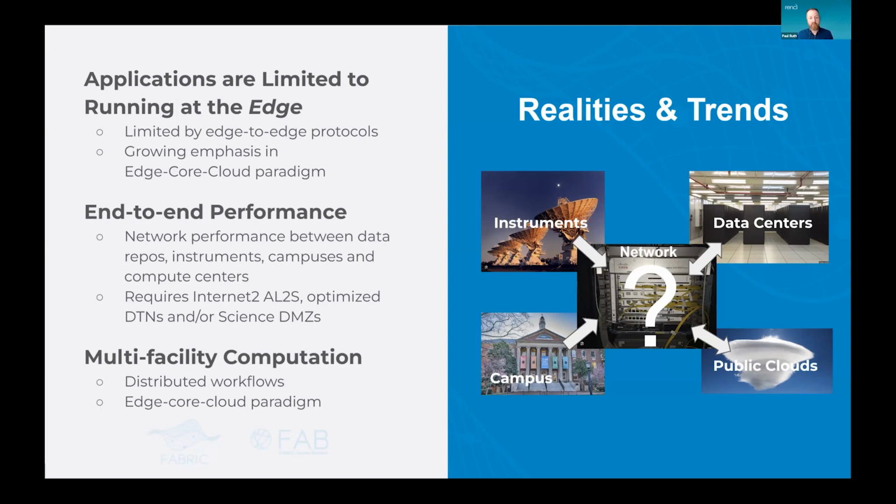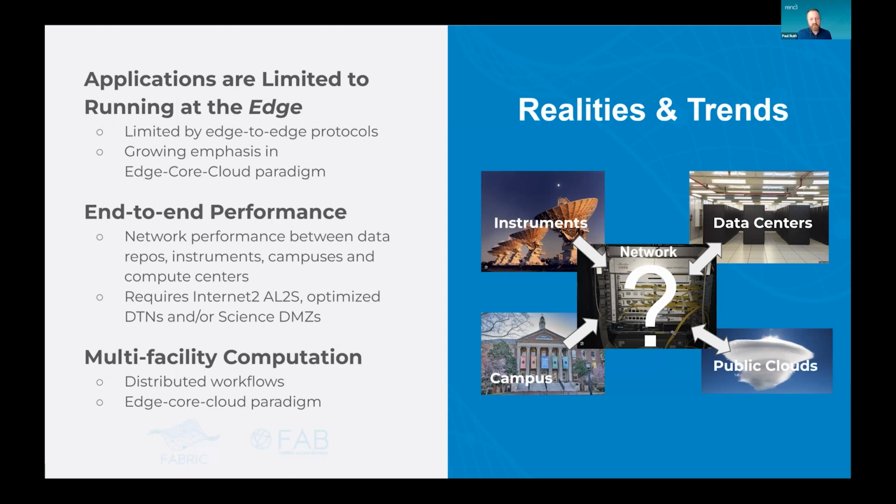Currently, end-to-end performance is achieved through dedicated circuits. If you have access to Internet2's AL2S system or optimized data transfer nodes or Science DMZs, you can get access to some performance, but you're still optimizing only from the edge. And the growing footprint of distributed data and compute means we really need to scale up and re-optimize the systems, with data transfer nodes and Science DMZs in the core of the network, to have a lot of this functionality at more distributed points within the network.